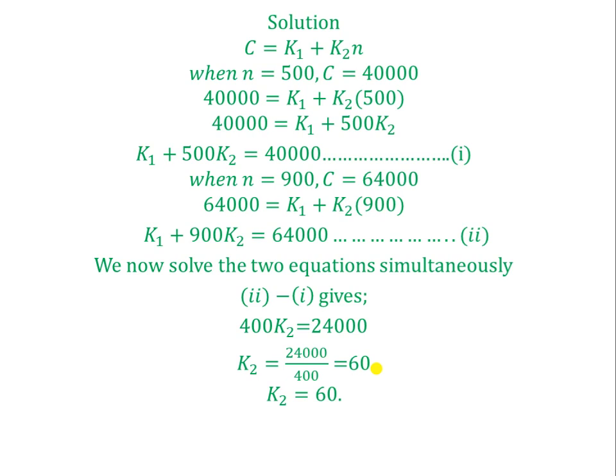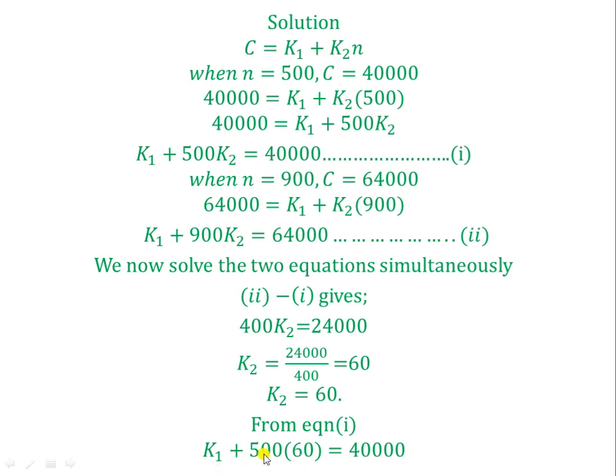Now that we have the value of K2, we simply go to any of the equations, either equation 1 or equation 2, and we look for the value of K1. So now we are going to equation 1 again, that K1 plus 500 K2. Now remember, this is our equation 1. We already know the value of K2 as 60, so I'm directly substituting it there.